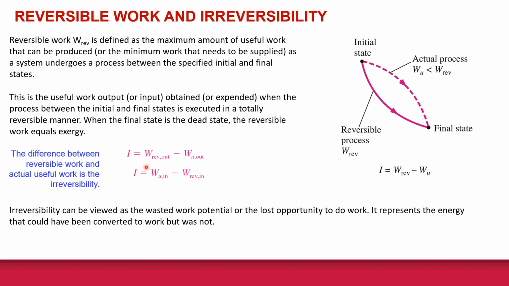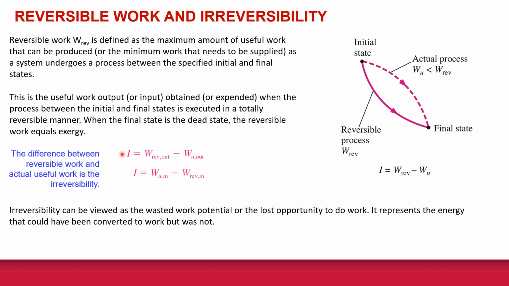Here you can calculate simply the difference between the reversible work and the actual useful work. That's what's defined to be the irreversibility. It really depends on which way you're going, from a low state to a high state or high state to low state, depending on which way you want to take this equation.